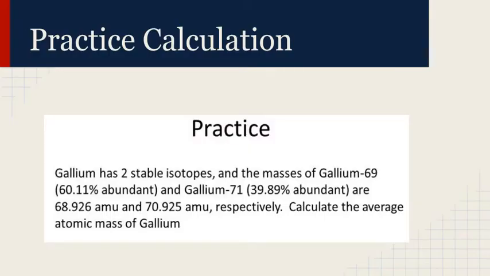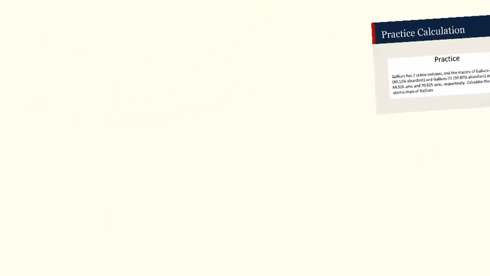Here's another practice problem. Take a moment to write down all the information in your notebook. Remember to use the AMU that is given for each of the isotopes, and don't forget to turn the percent abundance into fractional abundance. Now, just as an aside, I want you to think about, before we get started, where the average should fall.